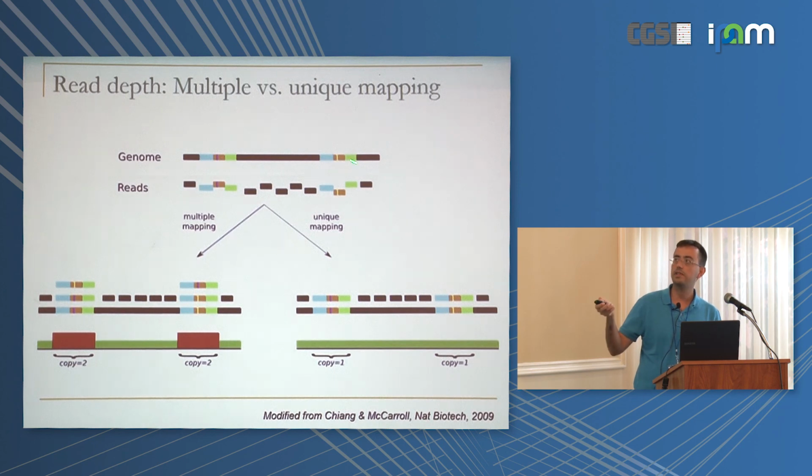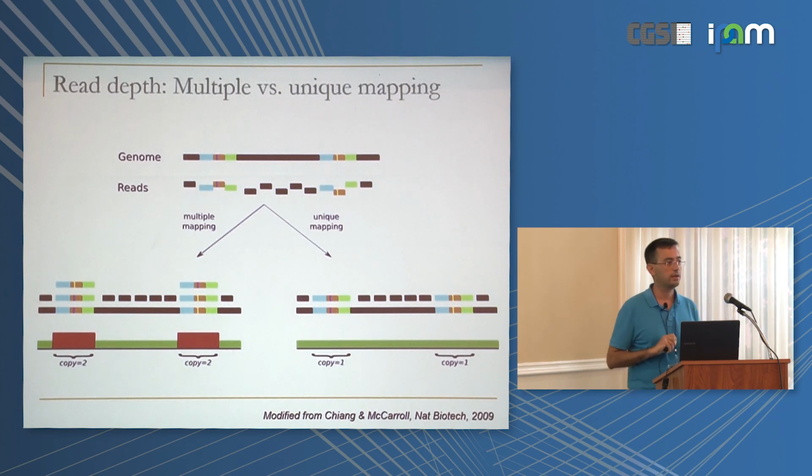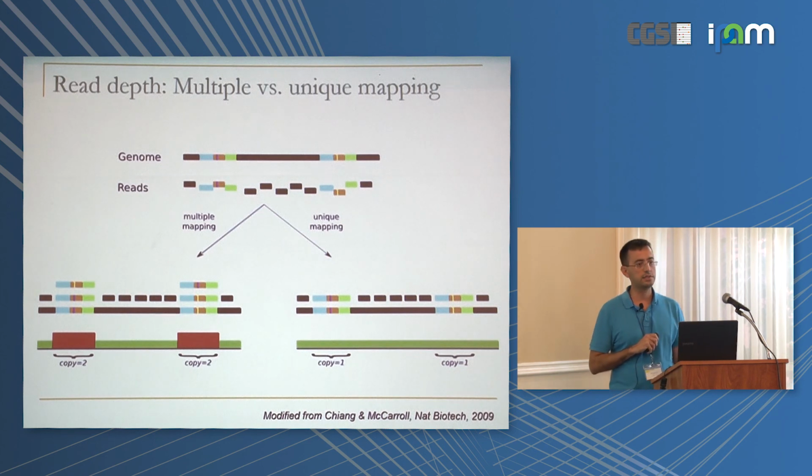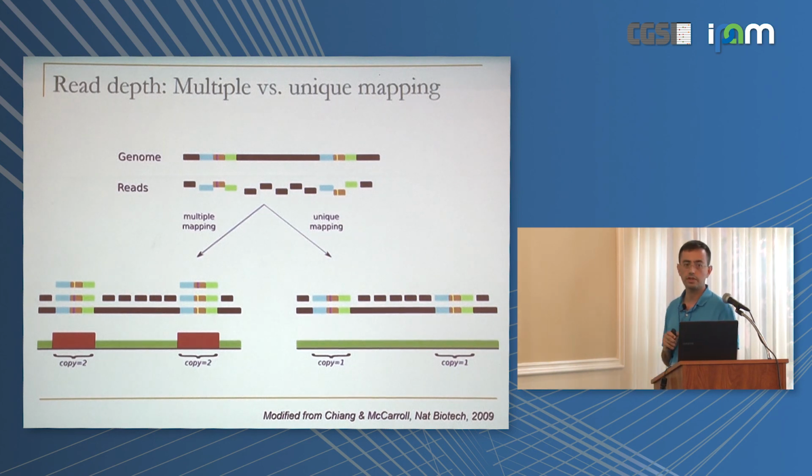If this is already duplicated in the reference genome, you're not going to see a difference. If you have a third copy, then you're going to see a difference in those intervals. Or if you use multiple mapping, then you are going to see all regions of duplication, regardless of whether it is duplicated in the reference or not.